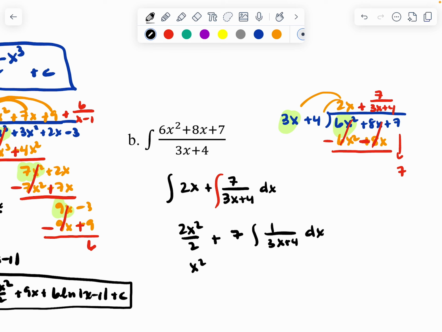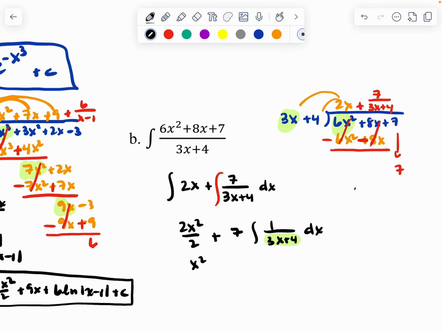And then on this guy, I need to do u sub again. So my u is going to be that bottom. So let's go ahead and do it here. If the u is 3x plus 4, that means my du is 3 dx. So if I do the substitution, I'm going to get plus 7 integral of 1 over u. The dx becomes the du.